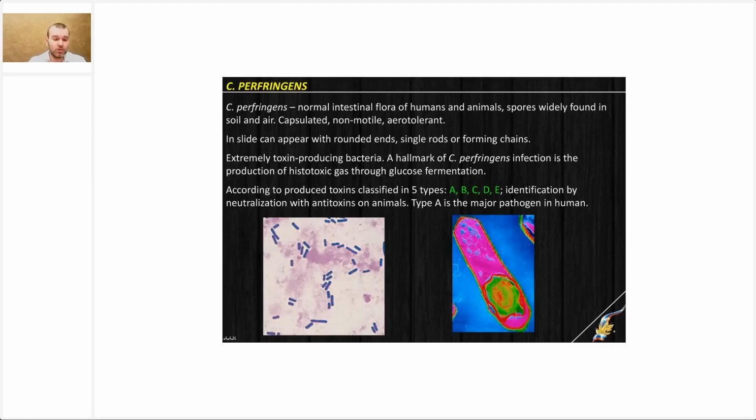According to the combination of toxins produced by Clostridium perfringens, it is divided into 5 major types, from A to E, and identification is usually done by a biological method.